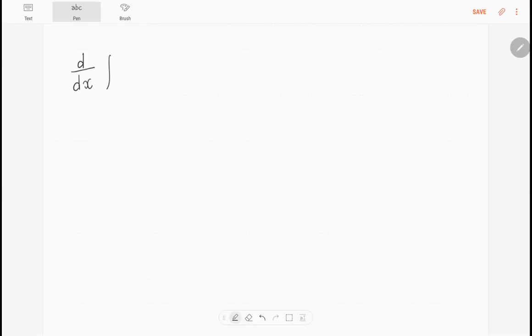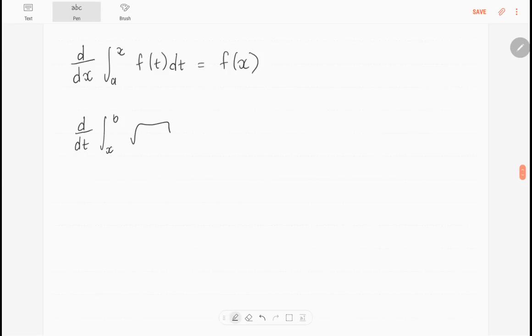If we have the derivative of an integral from a to x of f of t dt, that is simply equal to f of x. Okay, so we have to work out the derivative of the integral from x to 0 of the square root of t squared plus 1 dt.